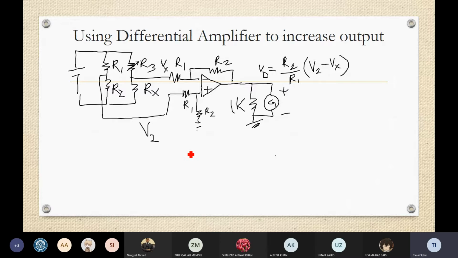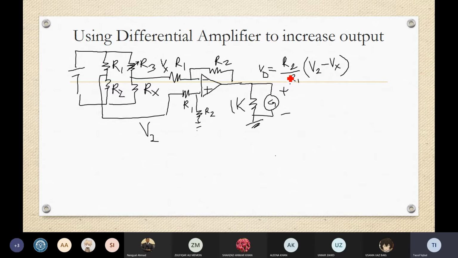And because we know there could be smaller variations, the galvanometer may not be sensitive enough to measure that small variation. So to enhance the capability of the galvanometer, we can use a differential amplifier to increase the output voltage and therefore increase the smaller variation that may appear in the V2 and Vx values, and we amplify that and detect it with the help of the galvanometer.